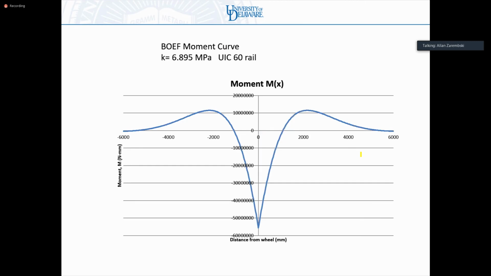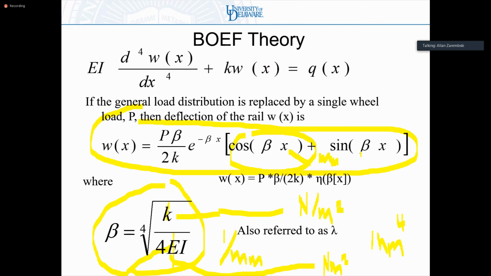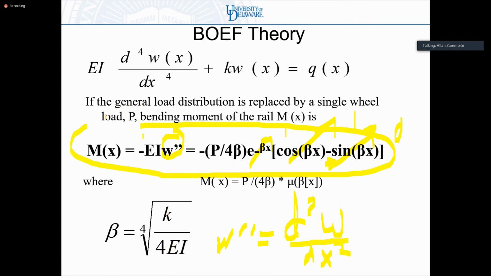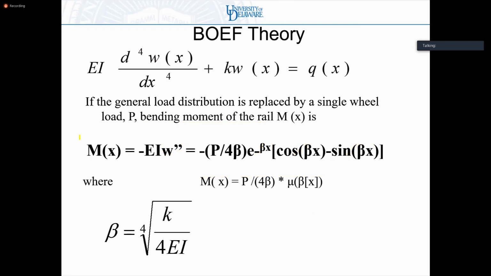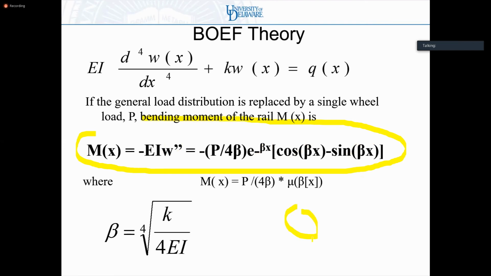Now, if I take the moment, so let's go back to my moment equation. If I go back to this equation, moment equal to minus P over 4 beta, eta minus beta x cosine beta x minus sine beta x. And again, the same thing. We set the wheel at x equals 0.